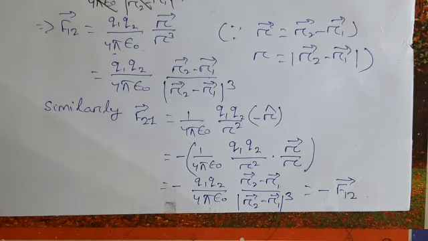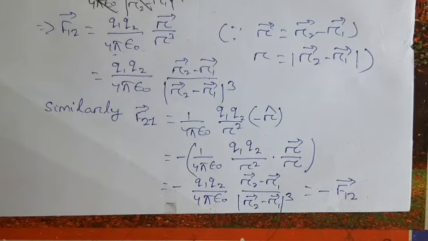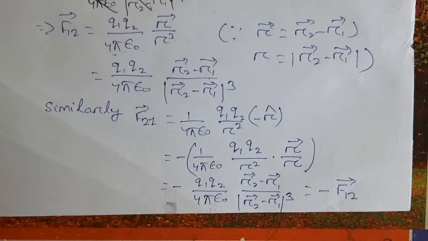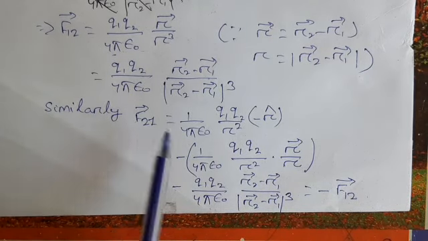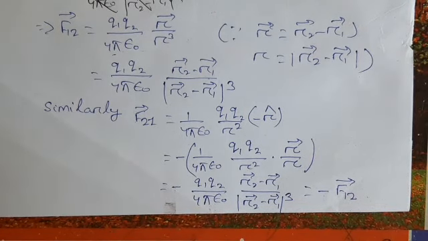So this also proves Newton's third law of motion. Coulomb's law proves Newton's third law: for every action there is an equal and opposite reaction, and here I have proved that F21 vector equals minus of F12 vector. So this is all about Coulomb's law in vector form.